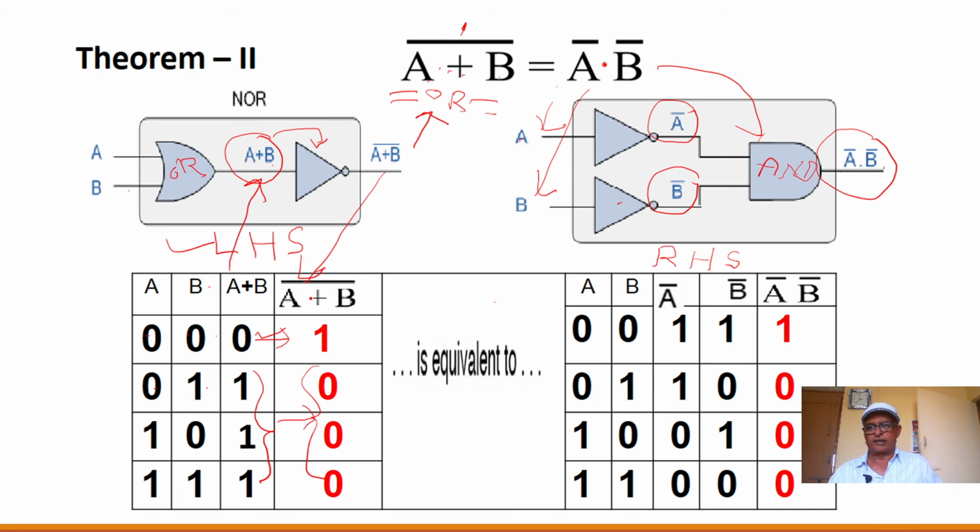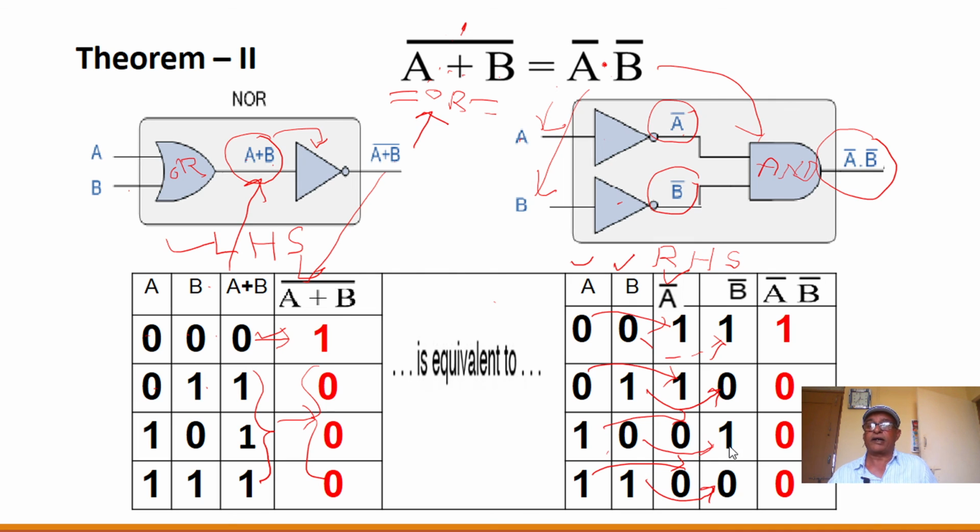Now let us consider the right hand side. Now here A is one input, B is another input. Now we want to take complement of A, means for 0 we take 1, for 0 we take 1, and for 1 we take 0, then for this 1 we take 0. So this is how we get A bar. Now similarly B bar, we take 0, 1, for 1 we will get 0, for this 0 we will get 1, for this one we get 0.